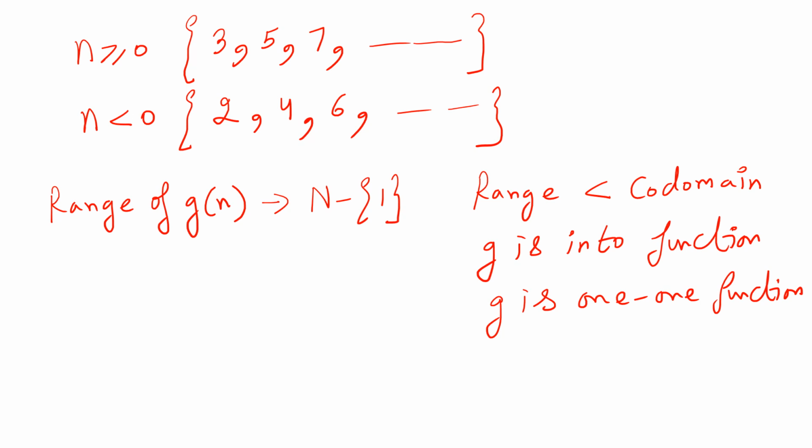Now students, we move towards the remaining two functions, that is f of g and g of f. Now we know that g is defined from Z to N and f is defined from N to Z. So clearly the function f of g will be defined from Z to Z, and the function g of f will be defined from N to N. Now students, we move further.